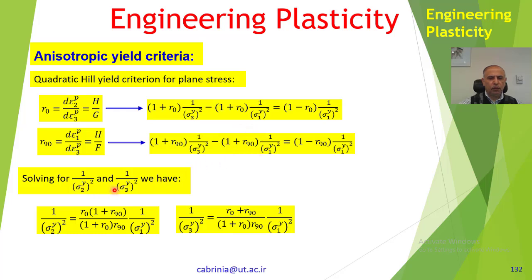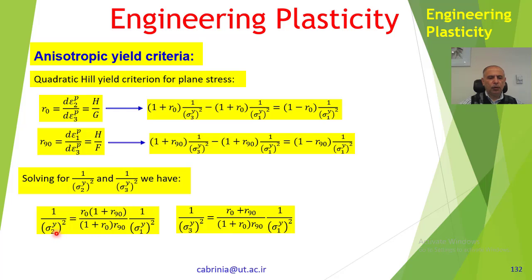We can obtain these two in terms of sigma 1y, because we have two equations and two unknowns. These are the two unknowns, and supposing these two are knowns. Obviously all three of these are knowns, but we are using two equations to get these two in terms of this one. So after some manipulation we get this.